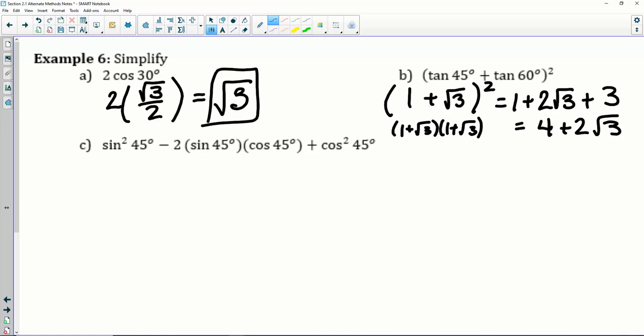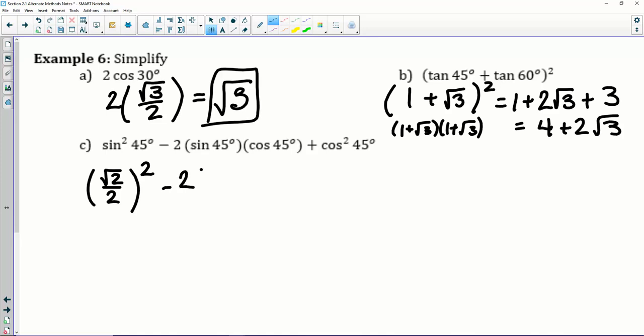The last one. Sine squared of 45 means you take the sine of 45 degrees and square that value. So 45 degrees, fold in your 45. Sine is the square root of the top over 2. So that is square root of 2 over 2.